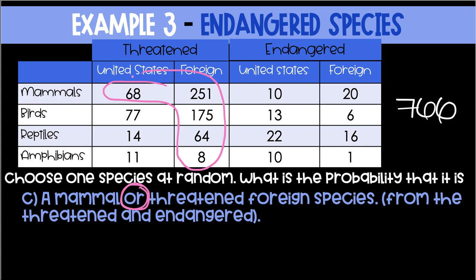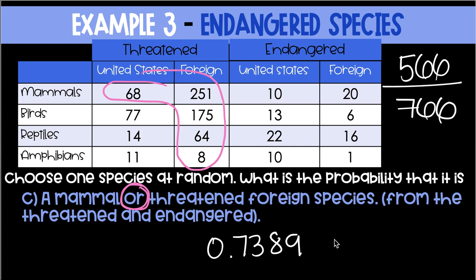We had gotten that it was 566. What I want divided by what I can get, I have a total of 566 out of all of the threatened and endangered species, which is 766. That would be 0.7389, which is 73.89%.